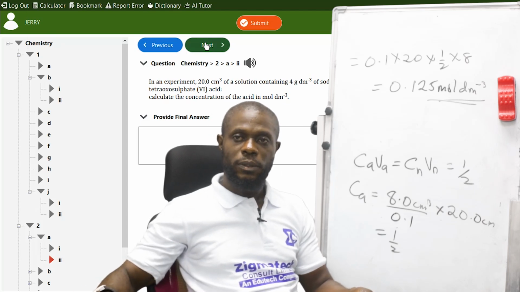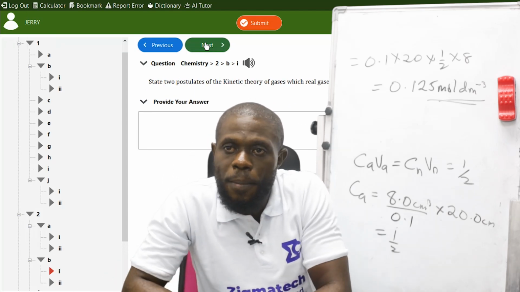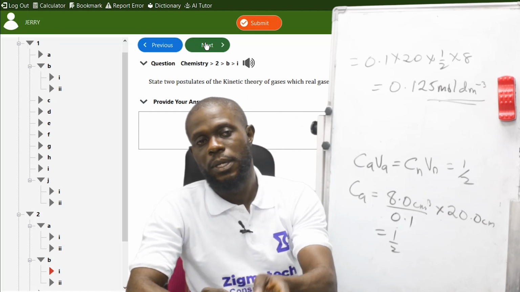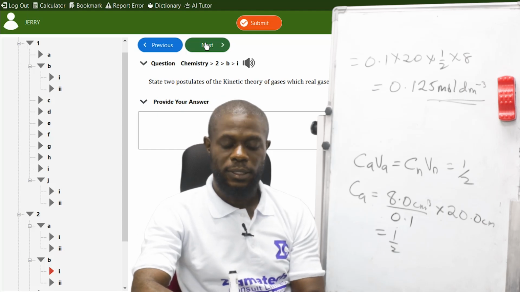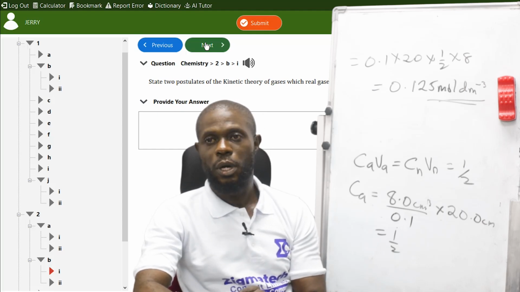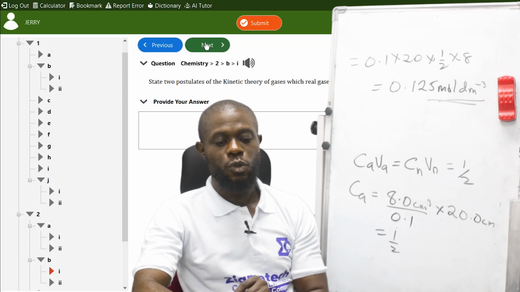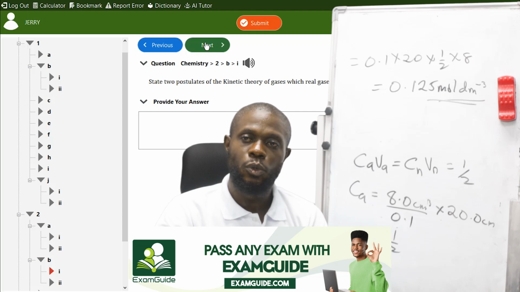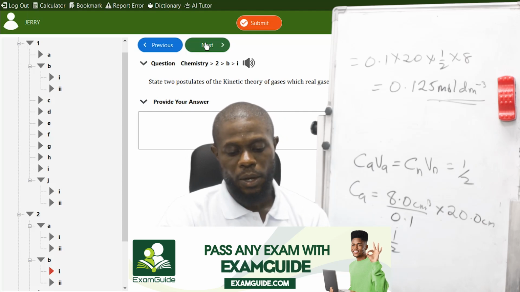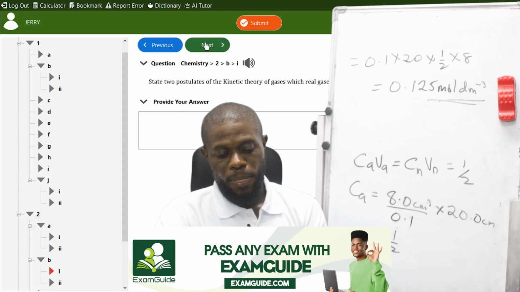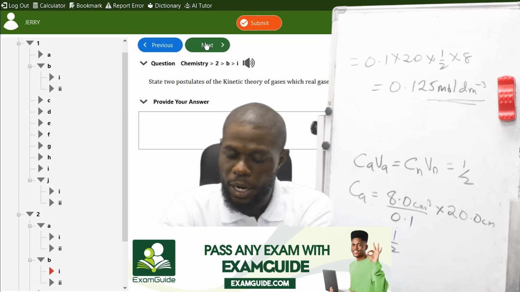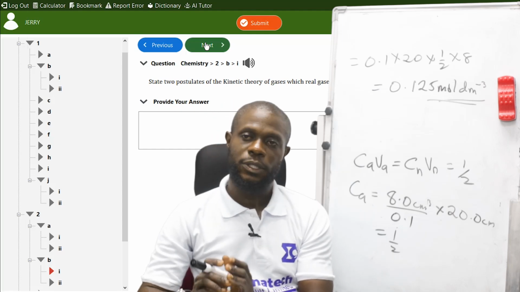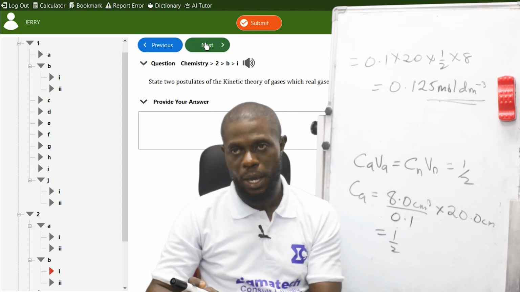Now the next question: state 2 postulates of the kinetic theory of gases which real gases do not obey. The first one says there is no force of attraction or repulsion between the molecules.